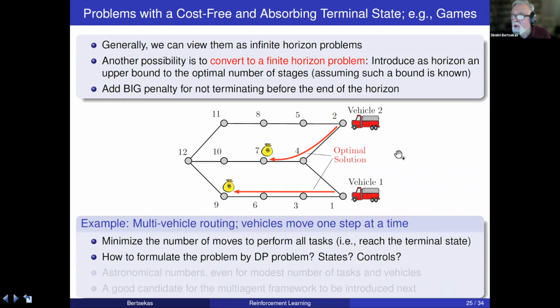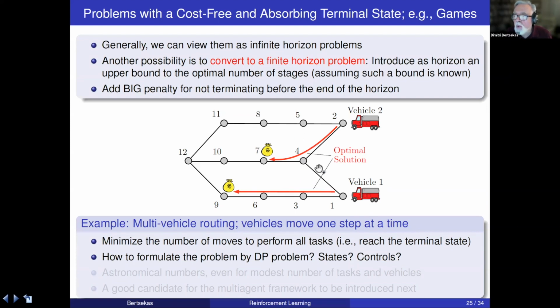How about controls? Well, the natural controls here are the joint moves of the vehicles. So one choice, for example, in this situation is for vehicle 2 to go here, for vehicle 1 to go here. And another possibility is for this vehicle to go here and this vehicle to go here.